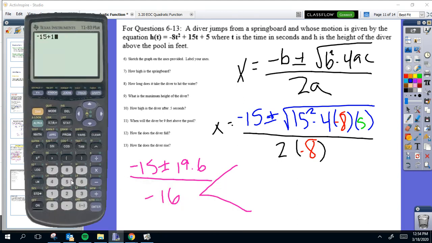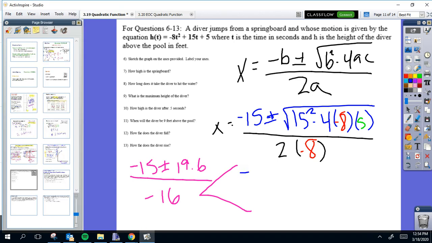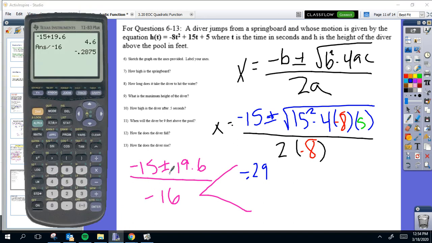Negative 15 plus 19.6 over negative 16, and I'm going to get negative 0.29. That's for the plus. For the minus sign, I'll do that next. I get a value of 2.16.